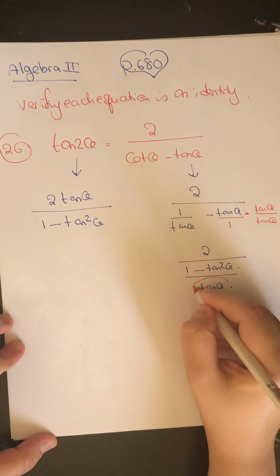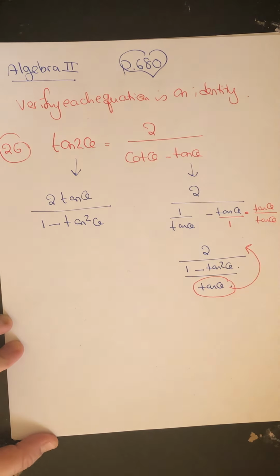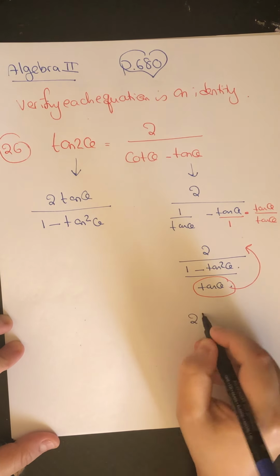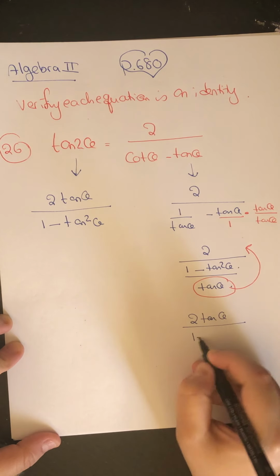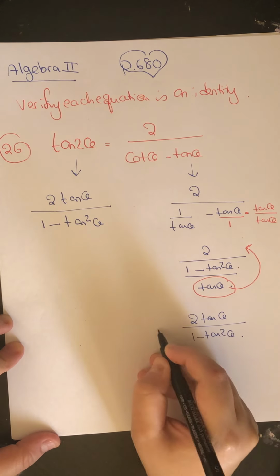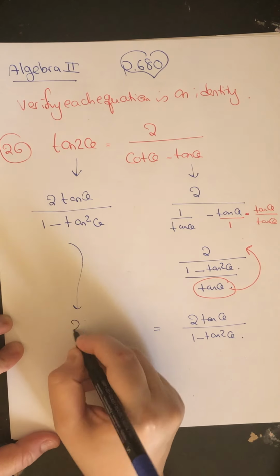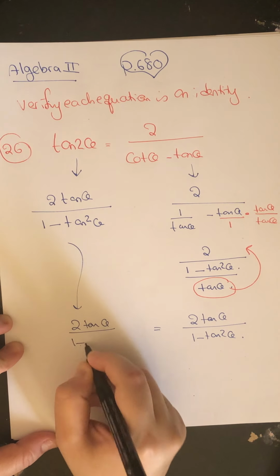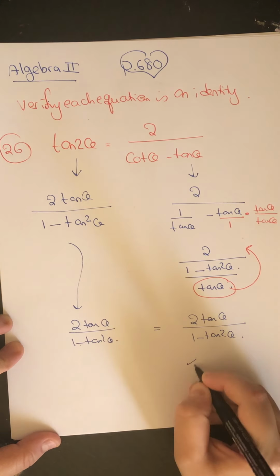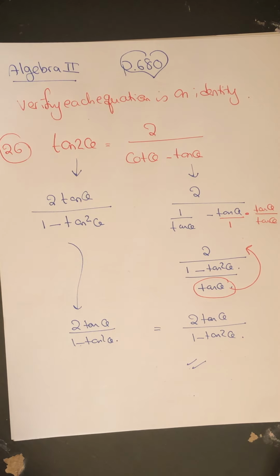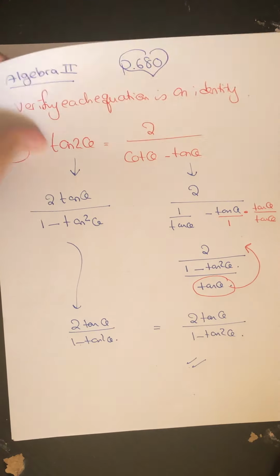I will take the denominator of the denominator upwards, so I will have 2 tan theta over 1 minus tan squared theta, which is equal to the left side. Here I proved it. You can prove it your way, by simplifying the left side and the right side.